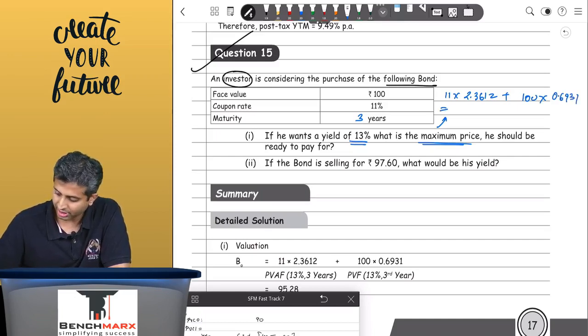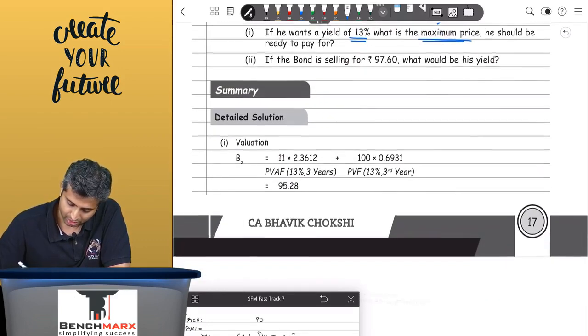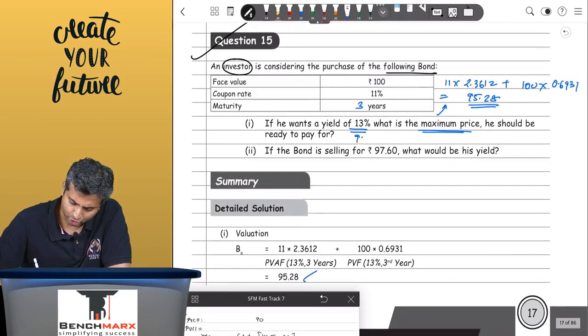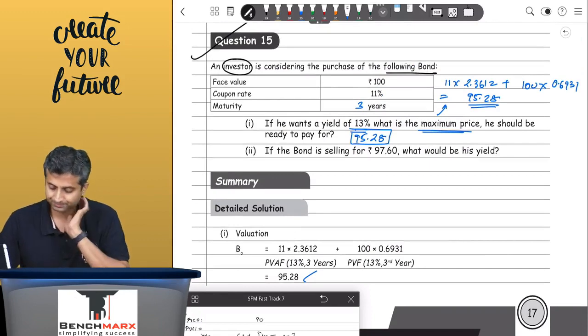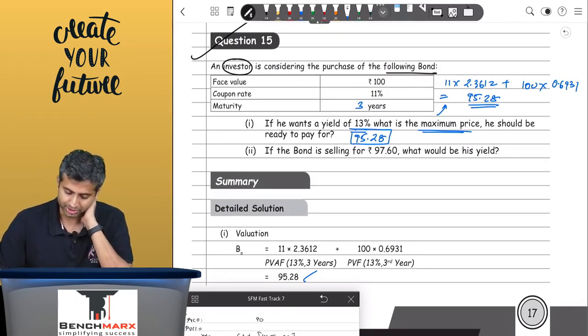Hence 11 into 2.3612 and 100 into 0.6931. If you total up, this is 95.28. Perfect. So the price should be 95.28. If you do that, you are going to get a 13% return.